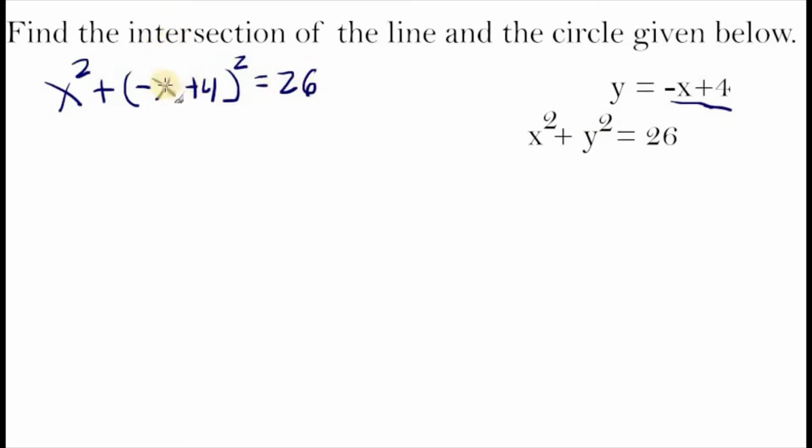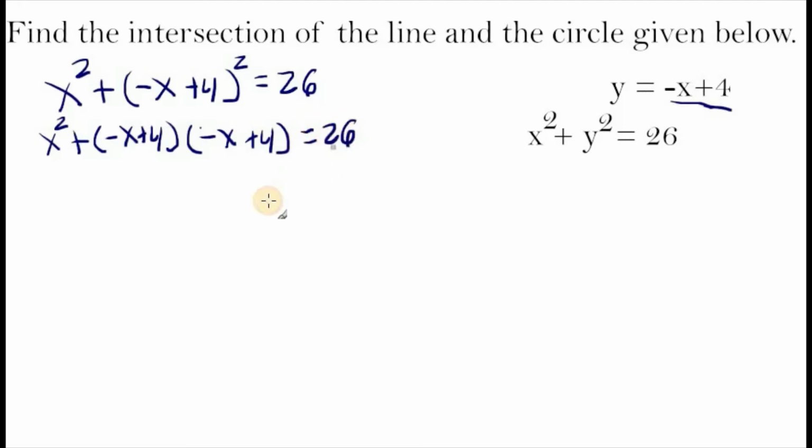Now, since we can't use this for anything, we're going to have to use a FOIL method to get rid of the squared. So you can drop the x squared down, plus, and now instead we're going to rewrite it as negative x plus 4, close parentheses, open parentheses, negative x plus 4, close parentheses, is equal to 26.